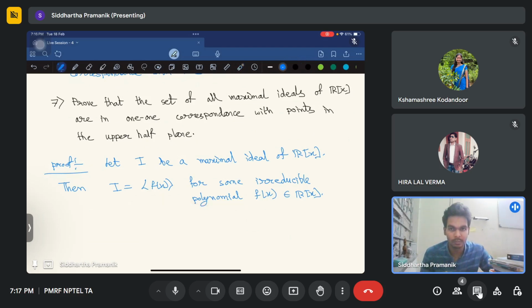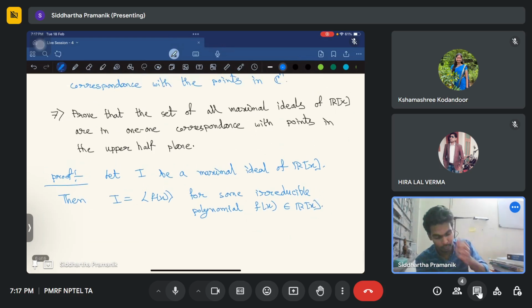Can you give some description of that, or can you guess at least what polynomials are irreducible in R[x]? Which polynomials in R[x] cannot be factored into smaller polynomials, or at least can you say about the degree of those polynomials?